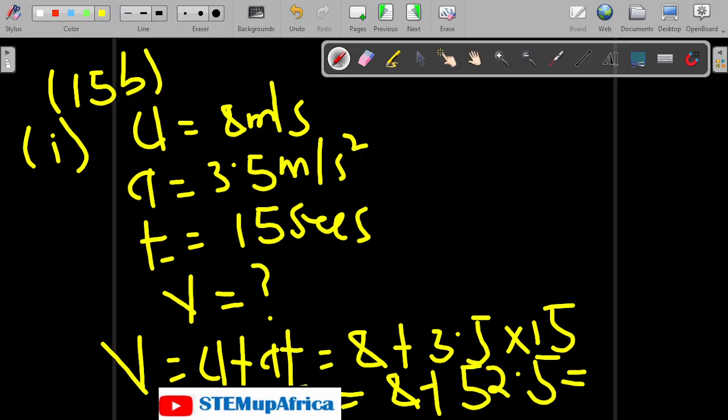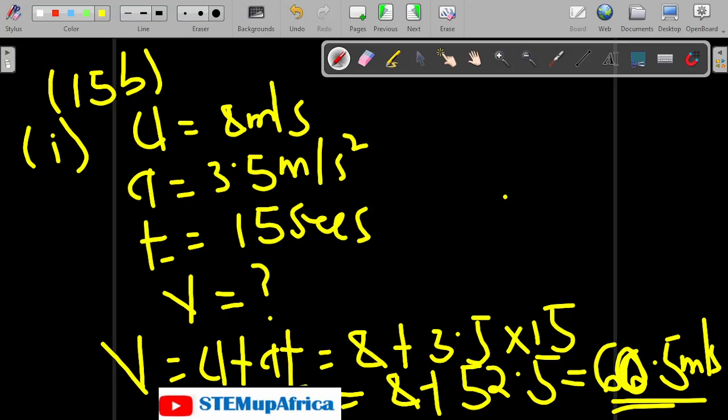If I add plus 8, that will give me 60.5 meters per second. This is now the final velocity.